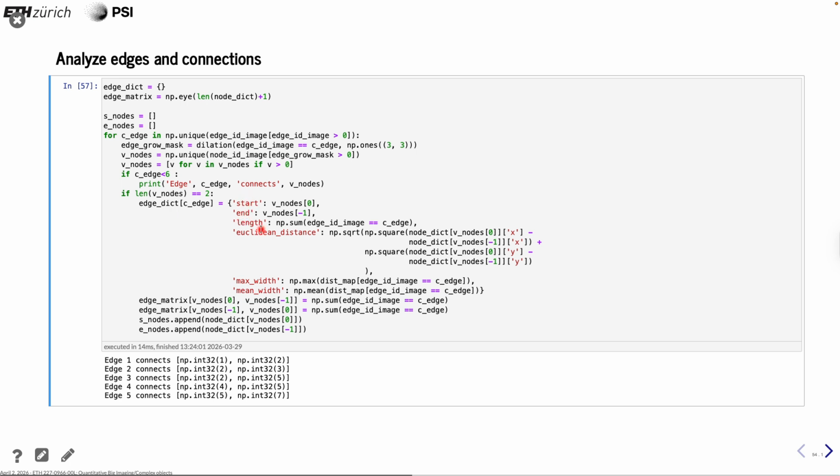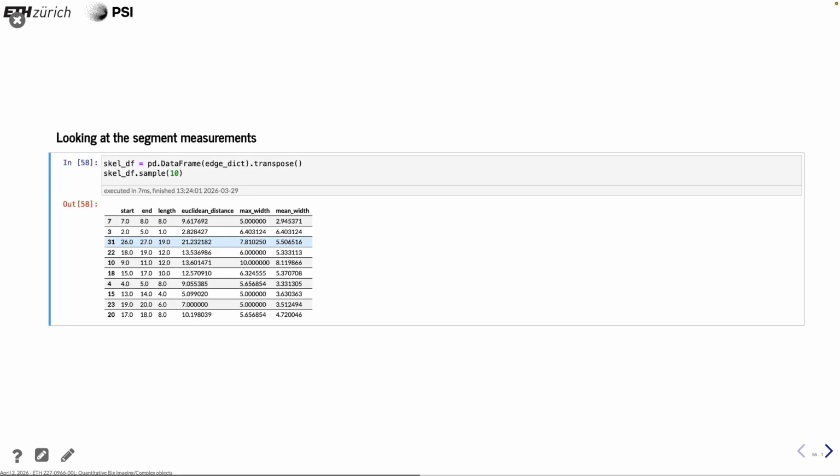We have the length, we have the Euclidean distance, and we have the max width, mean width, and so on. That's all in a table that we can look at like this. This one is still not connected, but we have added a bit more information about the edges.